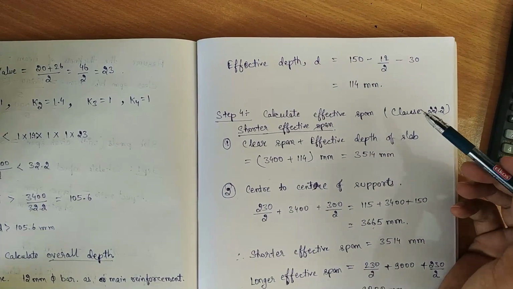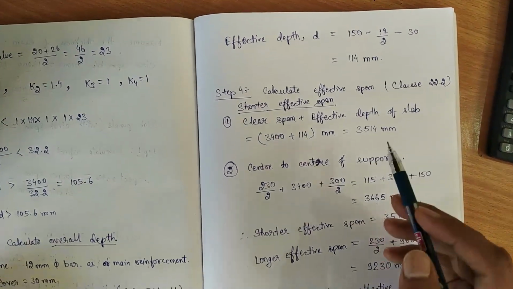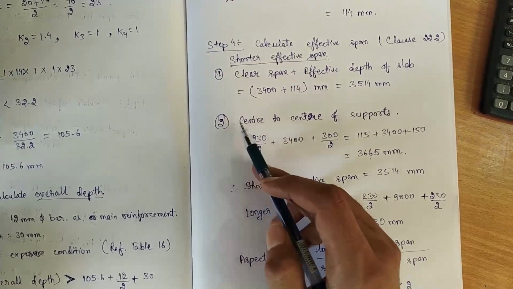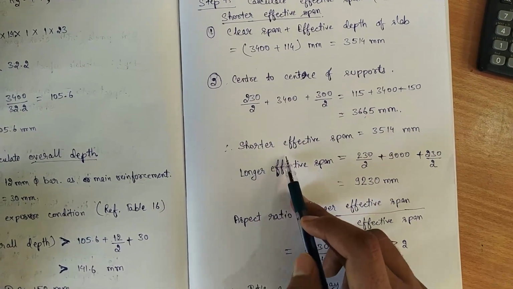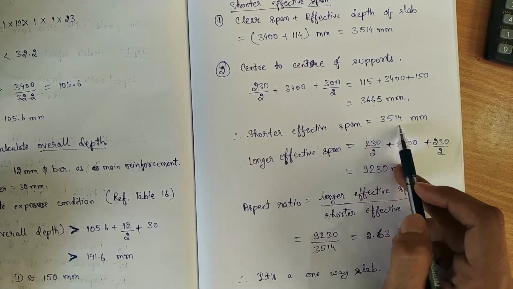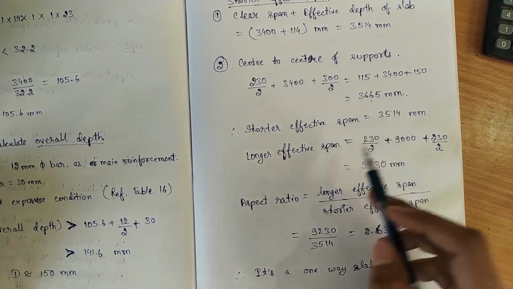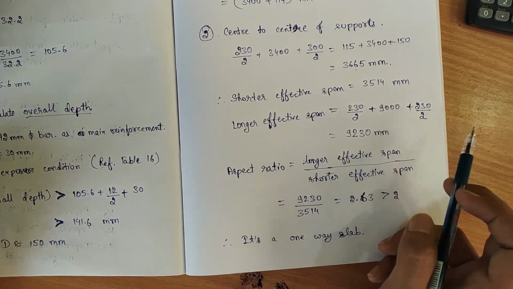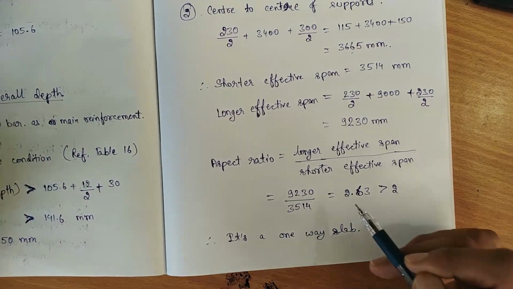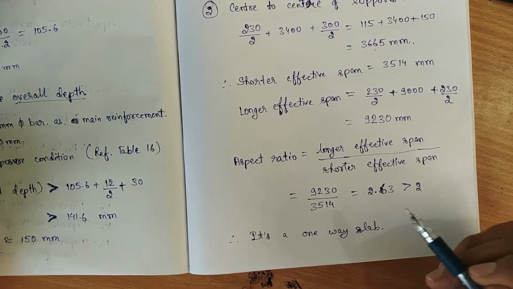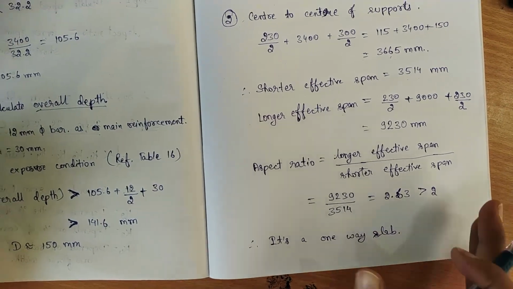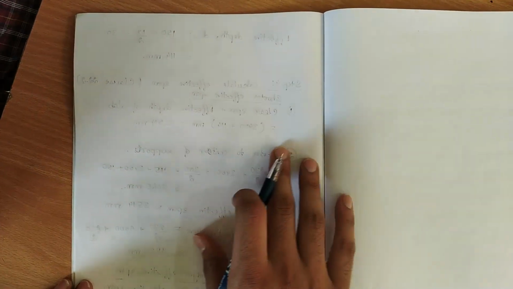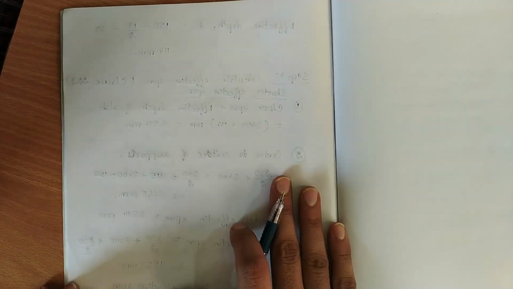After that we calculated the effective span. For that we had to choose between these two conditions and we concluded our shorter effective span as 3514 mm and our longer effective span as 9230 mm. To know in detail you have to watch the previous video. Link is in the description, so you can go there. Without having the proper knowledge of the previous video, you can't understand this one.